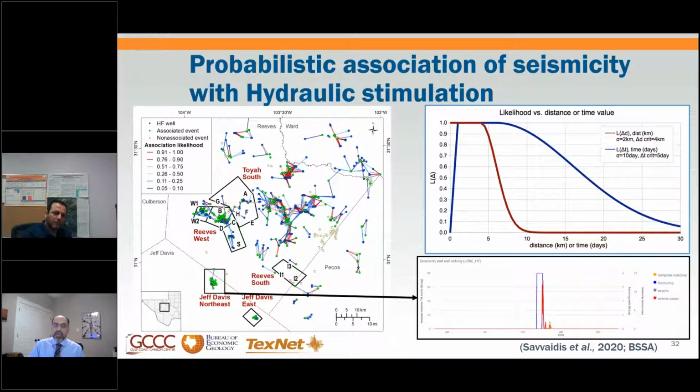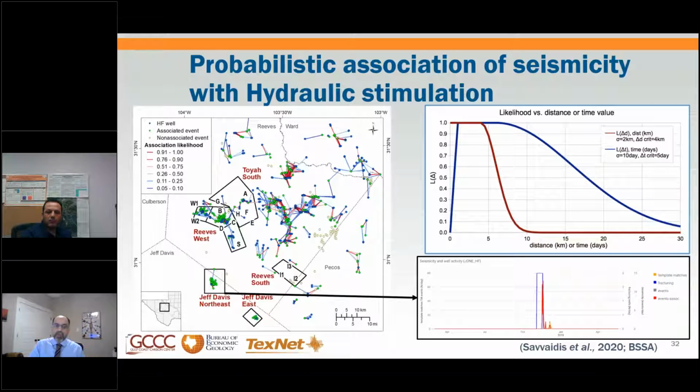Then of course this likelihood drops with time. With the brown curve, we show the distance distribution. If the distance to the lateral well is equal to 0, the likelihood is high, and that holds up to a few kilometers away. Up to 4 kilometers it keeps its highest value, and then it suddenly drops as we go further away.